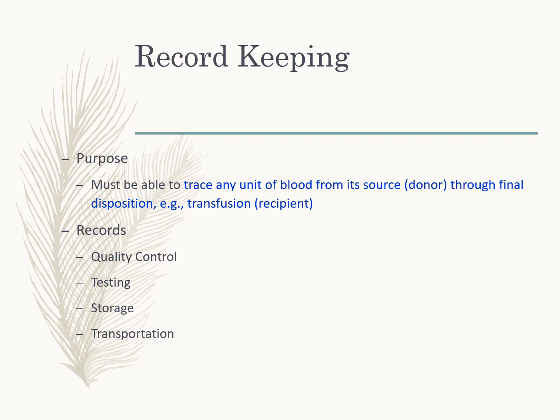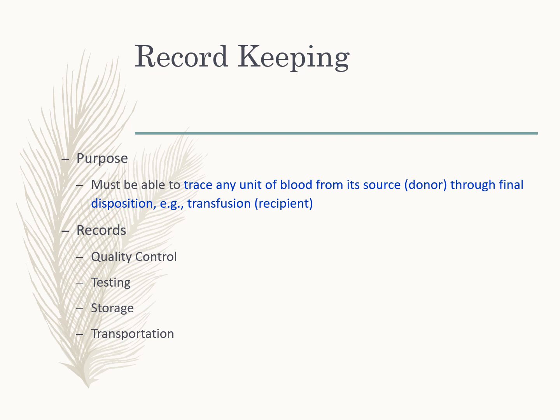You have to be able to trace any unit of blood from its source all the way to the recipient. So from the time it's drawn at collection through the donor center, all the disease testing, all the testing the donor center does on it, from the time it is transported to the hospital receives it, they do their ABO confirmation, they do their compatibility testing with the recipient, and then they issue it to the floor.